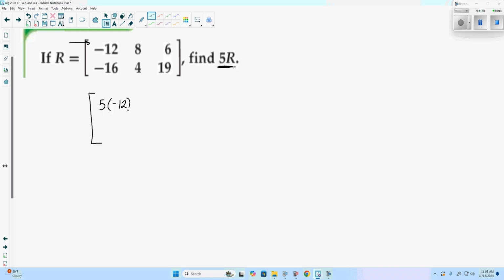We'll have 5 times negative 12, and then 5 times 8, and then 5 times 6, and we'll have 5 times negative 16, 5 times 4, and 5 times 19. We're just multiplying every element in that matrix by 5. Because that's our scalar. That's what we're saying with 5R.